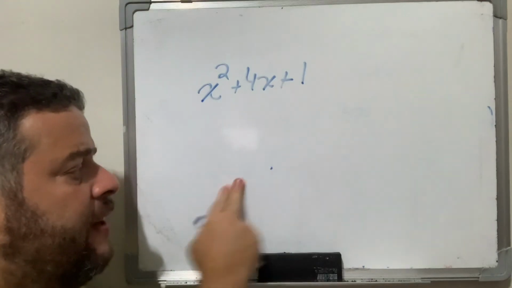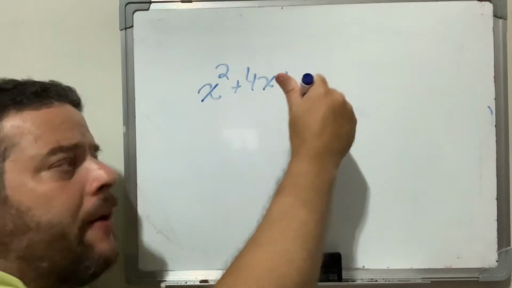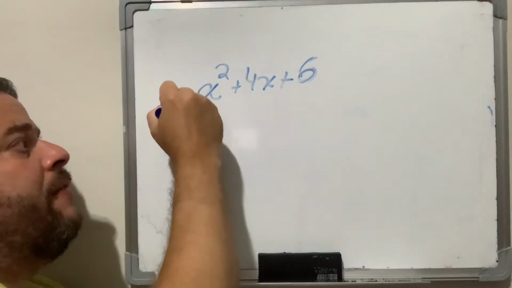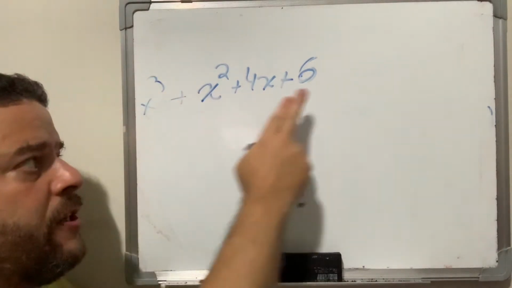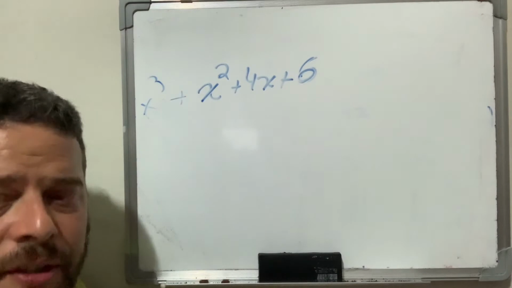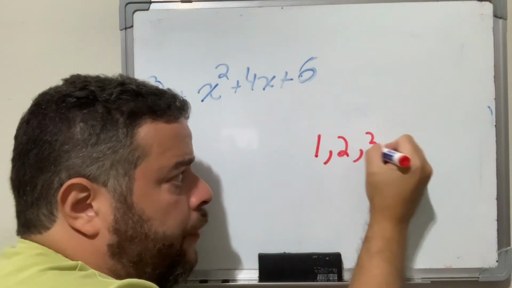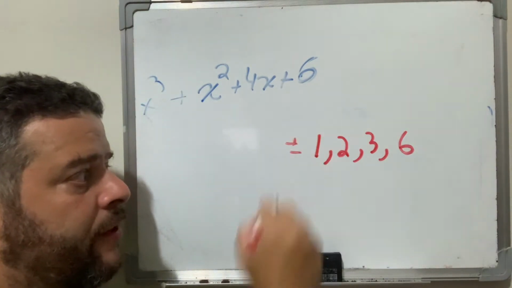Let's see a different number. Again, whatever's in front doesn't really matter. All you care about is the constant. And it doesn't matter if this is x cubed or whatever. Leading coefficient is 1. The factors of 6 are 1, 2, 3, and 6, positive or negative.